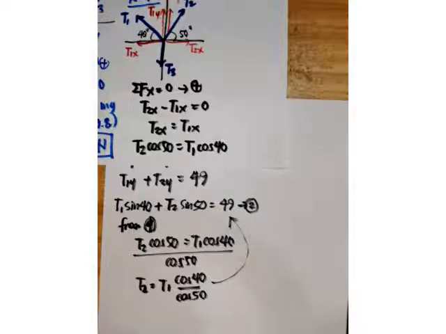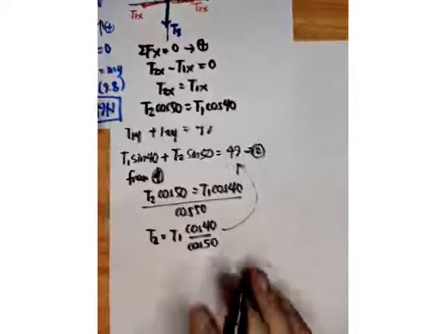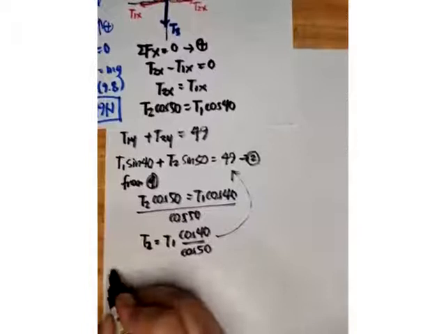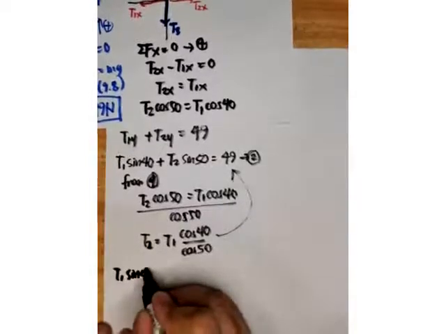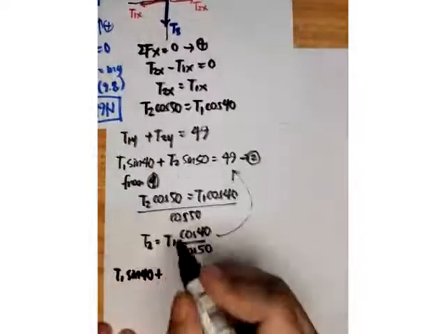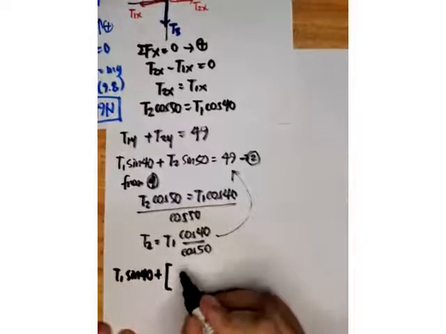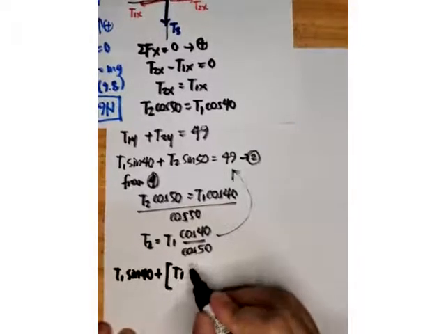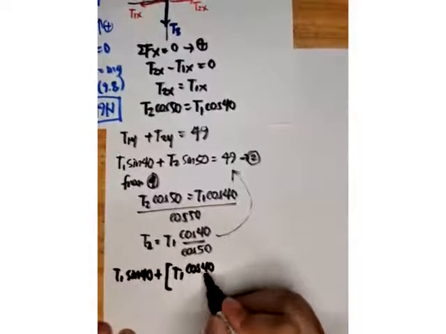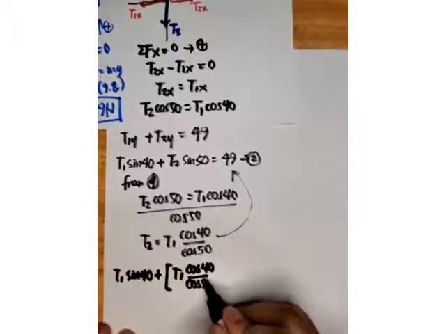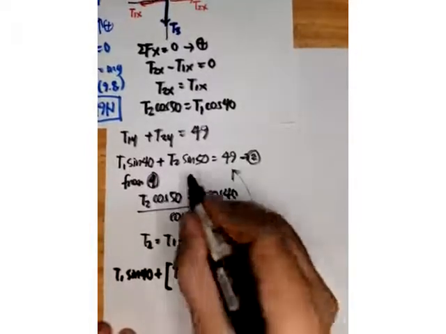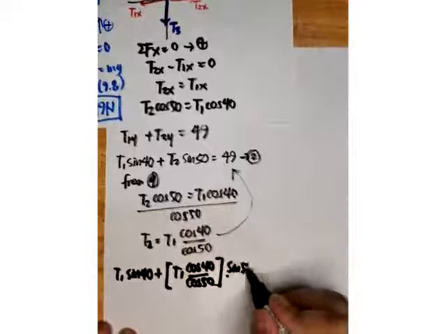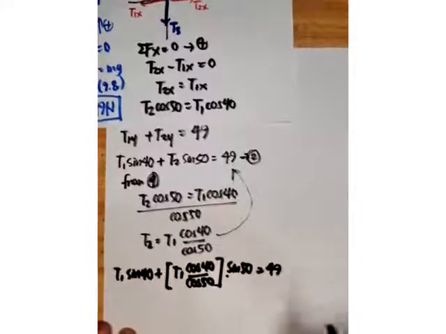Okay? So that means that will be equal to T1 sine 40 plus yung T2 natin is a quantity T1 cosine 40 over cosine 50 times sine 50 is equal to 49.